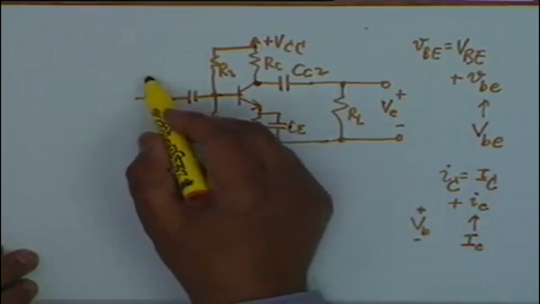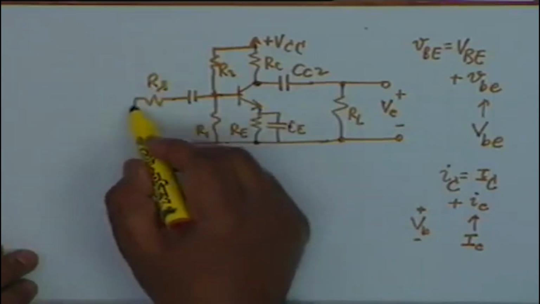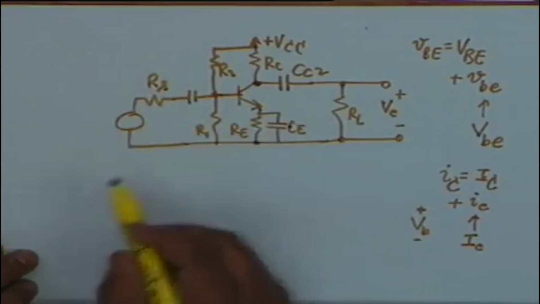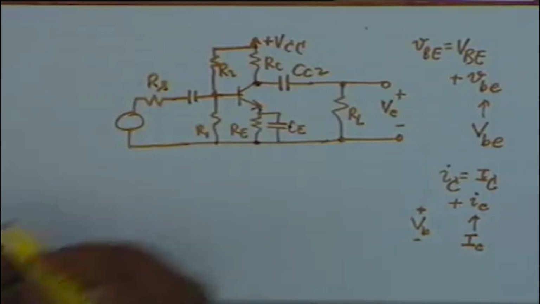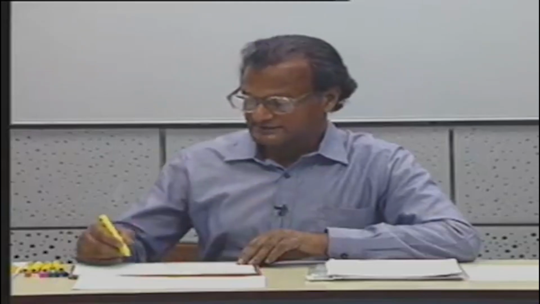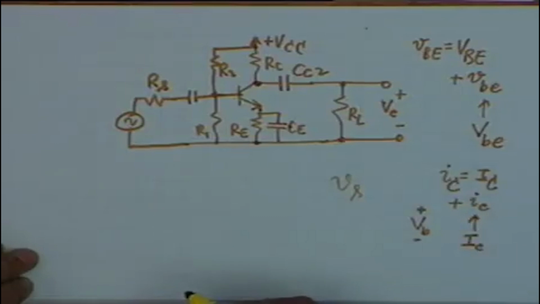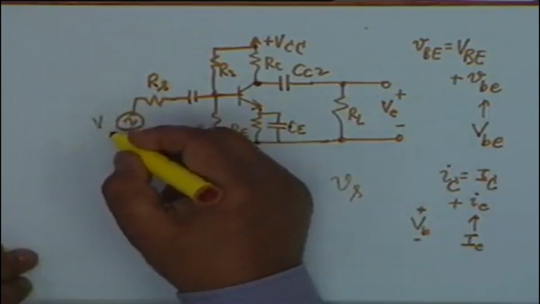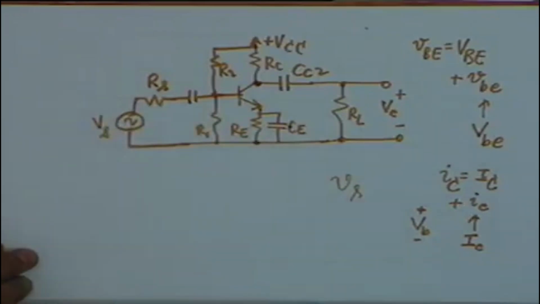A general source has an internal resistance RS and a voltage. If it is AC, then we shall say small v subscript small i, V input, or small v subscript small s. And if I want to only write the RMS values, we will write this as capital V subscript small s.